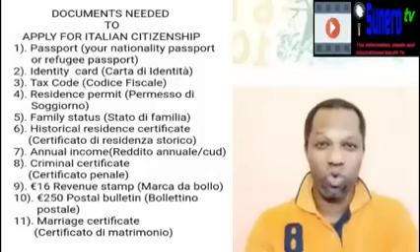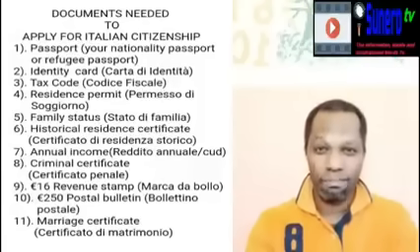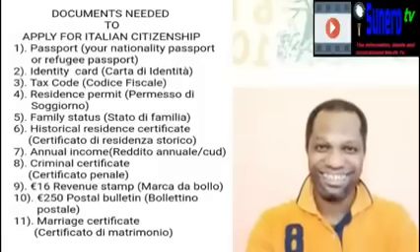Anyone with UE written, go and check your carta di soggiorno or your long-term permit. The one written UE, you don't need to write the B1 exam before you can apply for Italian citizenship.